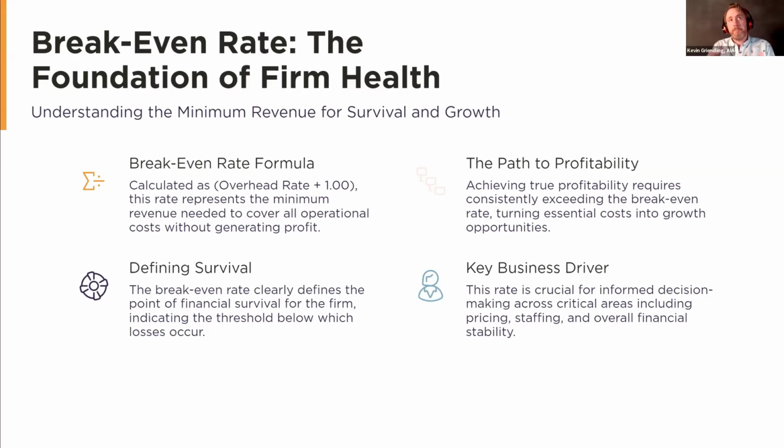So for instance, I've worked at firms that have had an overhead rate of 1.4 to, I think, a 1.8, if I'm not mistaken. But anyway, that gets added to the 1.0, so they're in the range of a 2.5 to 3.0 break-even rate. And mine, since I work at home in my garage, I have very little in terms of technical needs.